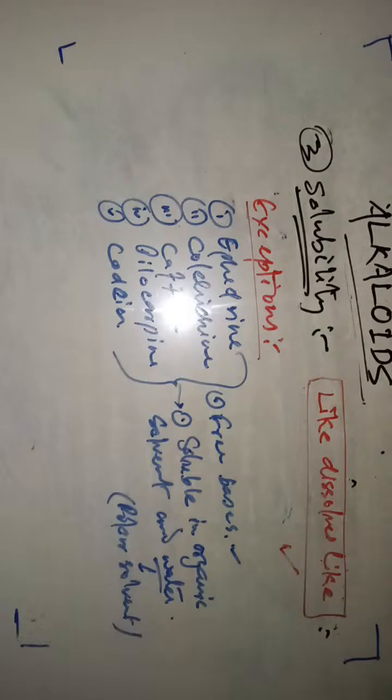Next example, morphine, theophylline, and lobeline, or you can write narcan. They are free bases, not soluble in organic solvent, whereas lobeline, apoatropine hydrochloride, they are salts, soluble in both organic solvents and polar solvents like water. Okay, so you can write that.